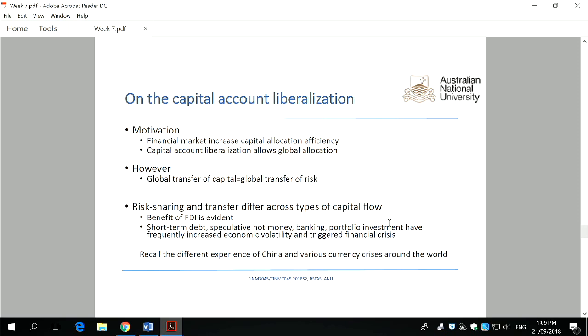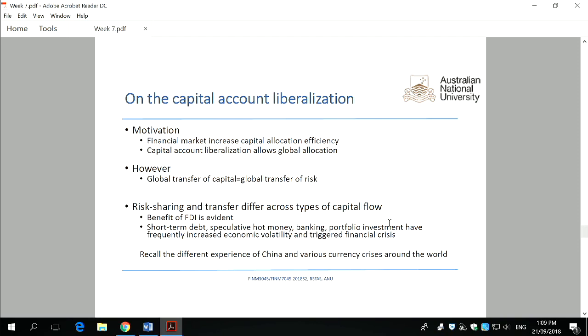Therefore, when you have the global transfer of risk, your economy is exposed not only to your domestic economy risk, but also to foreign risk, right? Now, I can't use the Asian financial crisis as an example, because the US, etc. was fine, but they were losing confidence in Thailand. That's where the domestic economy has problems.